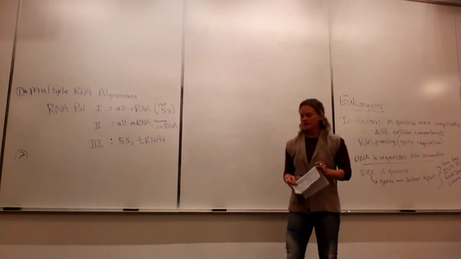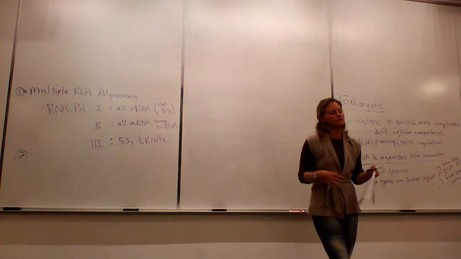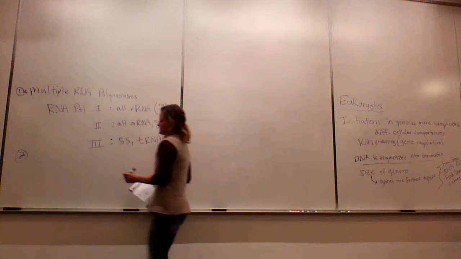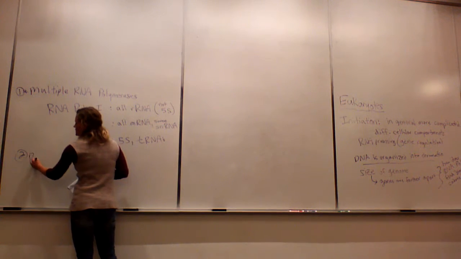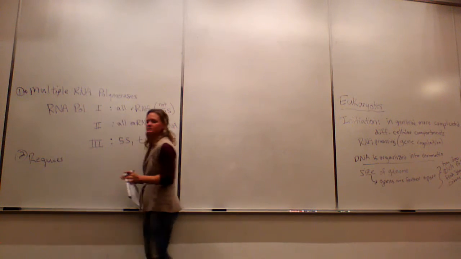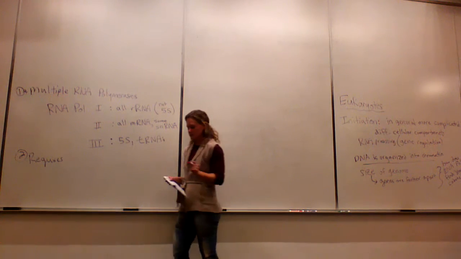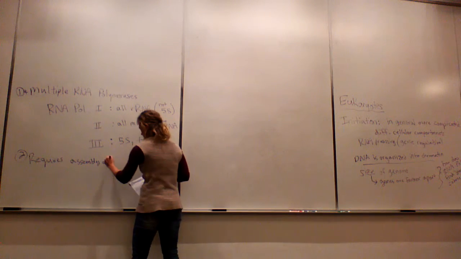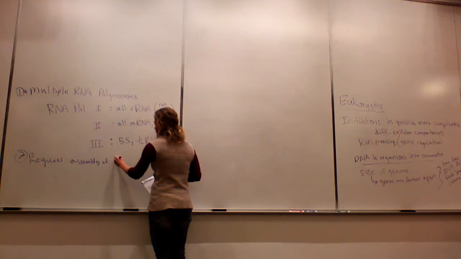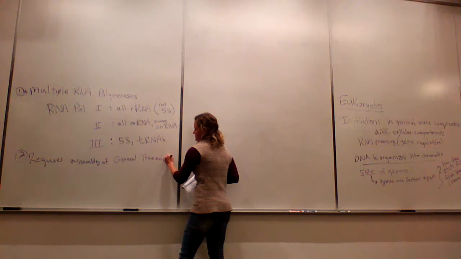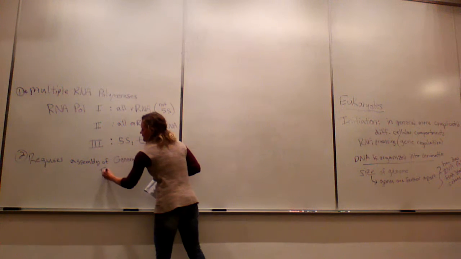Another thing is they assemble a bunch of what's called general transcription factors. These are proteins. So initiation of transcription in eukaryotes requires the assembly of what we call general transcription factors, and these are proteins.